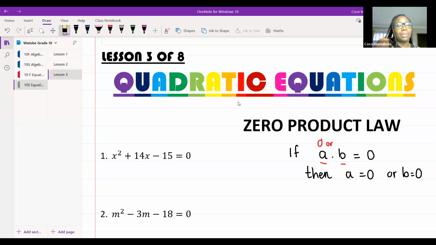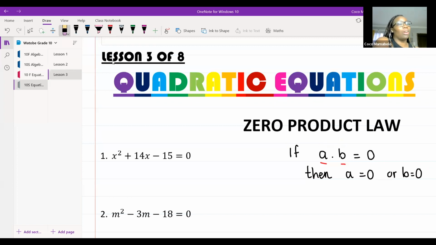I could not possibly have 1 and 2, because 1 times 2 is 2, it's not 0. So if I have 1 on the side, I need to have 0 on the other side, because 1 times 0 is 0, or 0 times 3 is 0. One of these answers is going to have to be 0. So if I'm multiplying 2 things to each other, they need to give me 0.